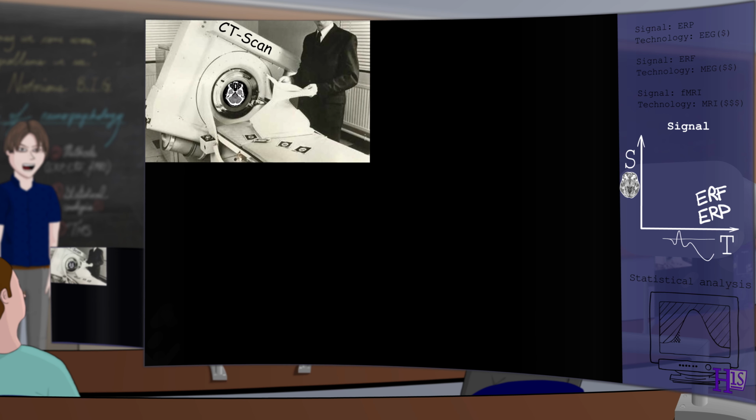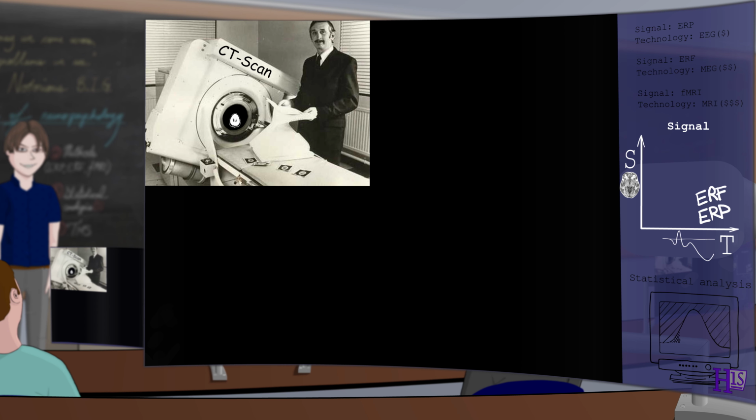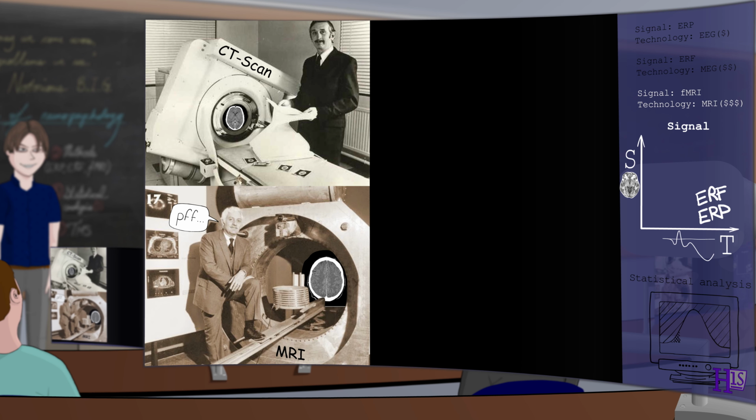The earliest imaging method permitting a better spatial resolution of the brain was in the 70s with the computed tomographic scan, which involves taking slices of X rays to reproduce a 3D model of the brain's tissue density. Simultaneously, the development of the magnetic resonance imagery in the 70s and 80s led to an even sharper spatial resolution, but at a much higher cost.